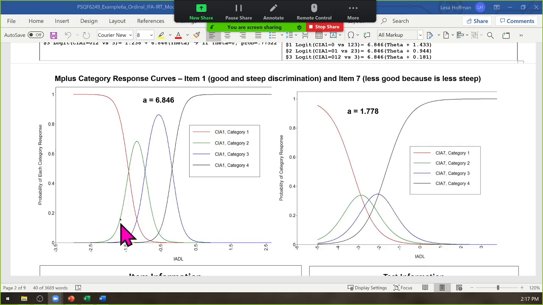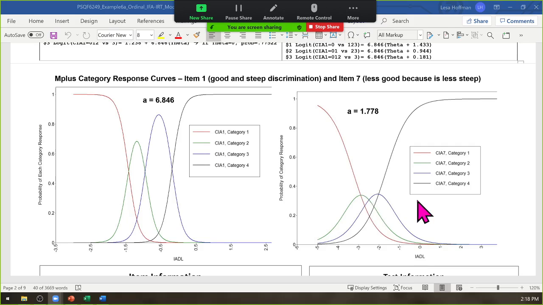So this item is concentrated in a range from about -2 theta to about 0 theta, where these categories transition from one another, versus, say, item 7 over here, which has a slope of 1.7. You can see that the categories are a lot less steep here. The middle gets squished together in the items that have a lower slope.